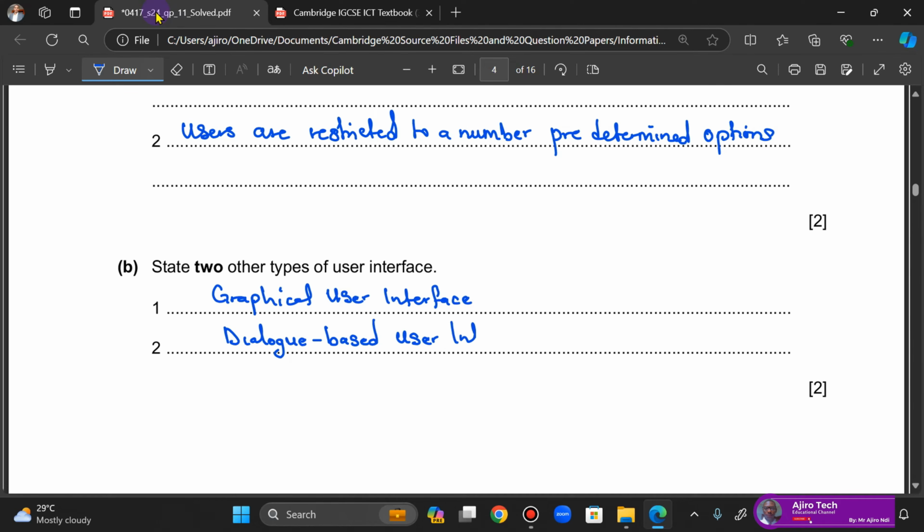We also have the gesture based user interface. Those are other ones.